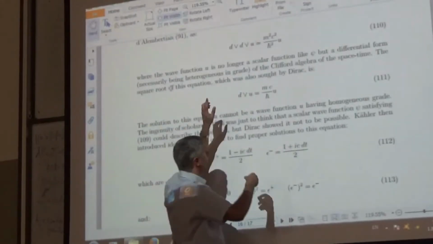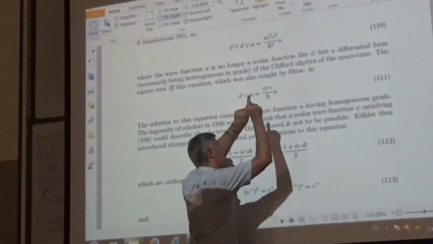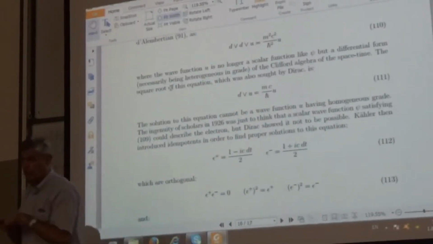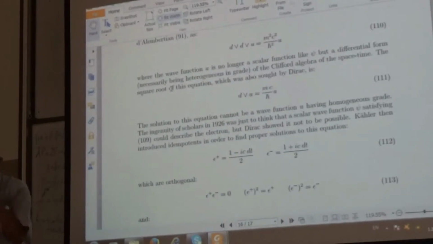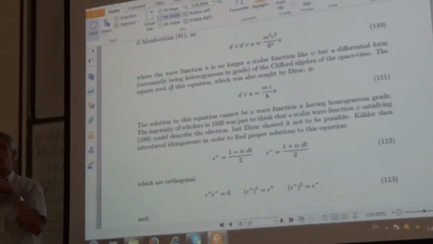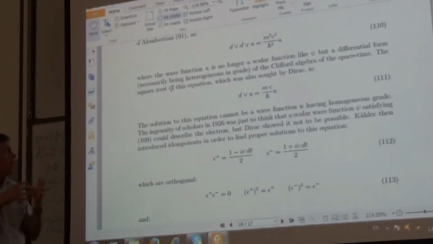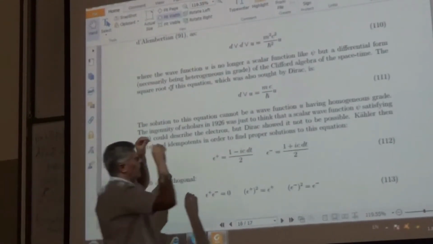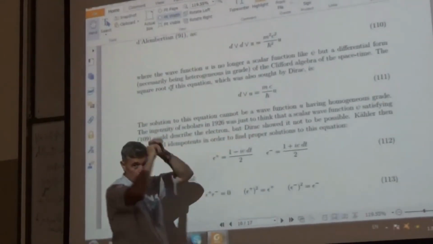But then, if I have here grade 1 and here grade 0 or grade 2, it cannot be the same wave function. This means that we cannot have solutions, wave functions, of homogeneous grade. We need elements of heterogeneous grade to satisfy this equation. This is the important point.